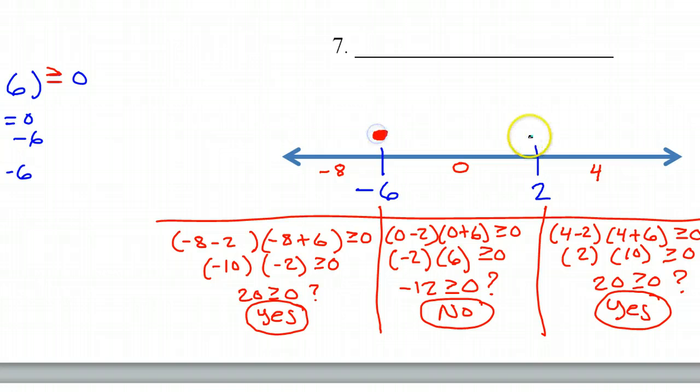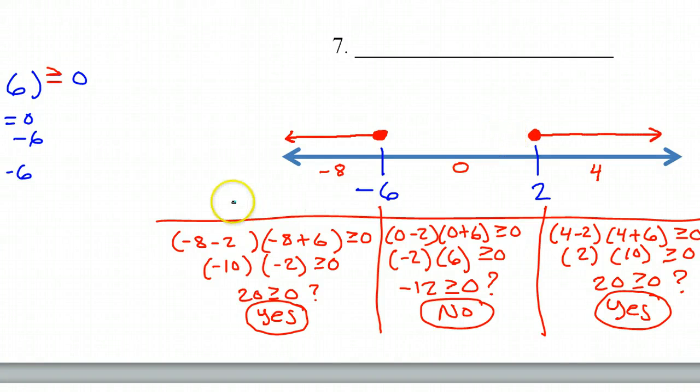So we'll have closed circles at the x-intercepts, and we will draw arrows like this to show that we have solutions here and we have solutions here. And we'll just leave this empty to show that we don't have solutions in this area. That was a no. Alright, so there's your graph.